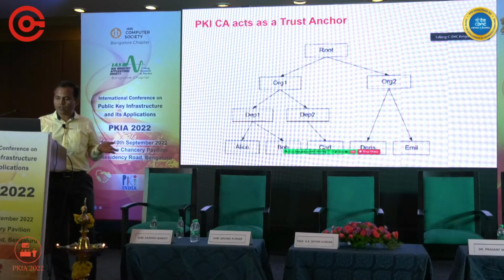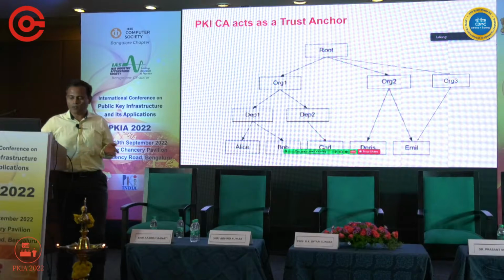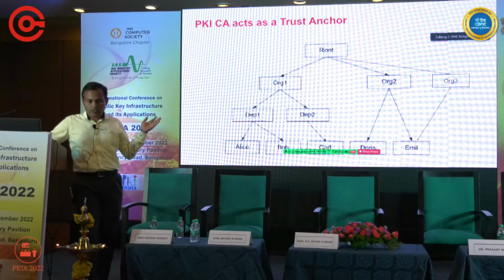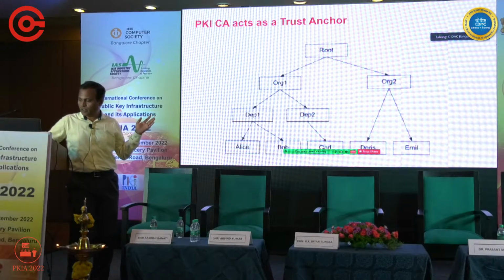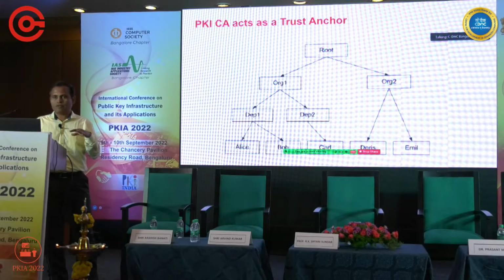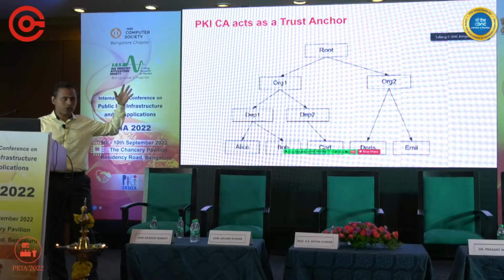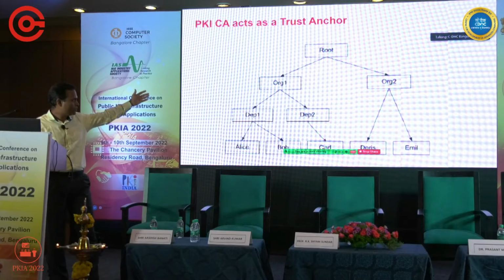And what is happening over here, in this figure, is that if Alice wants to speak with Emil, they have a path. There exists a path through a common voucher, that is, the root has vouched for org1, org2, and later on org1 has vouched for department 1 and Alice.